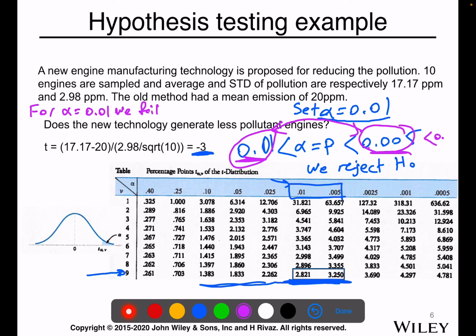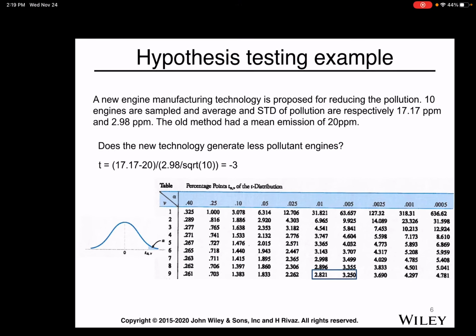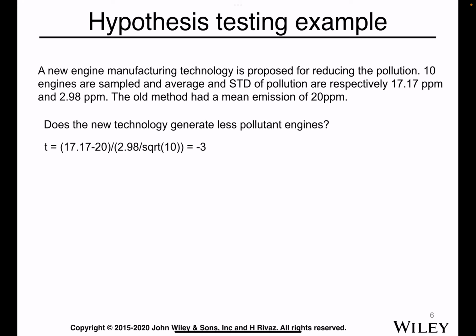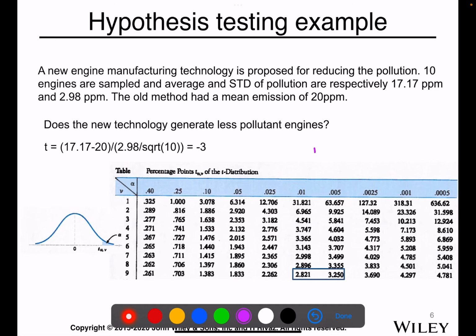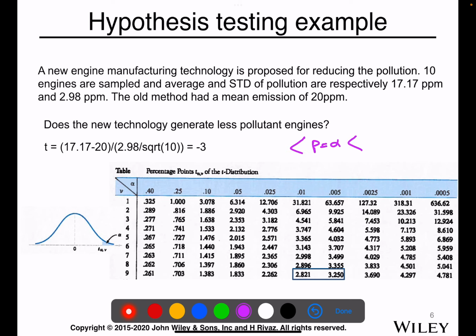Did I make a mistake? Yeah, it is still less. Actually, no, we still reject the null hypothesis. Even for 1%, we reject H0. The only mistake I made here, unfortunately, I can't delete this thing. Okay, so my p-value, which is alpha, is going to be between 0.01 and 0.005, and these two numbers come from here.